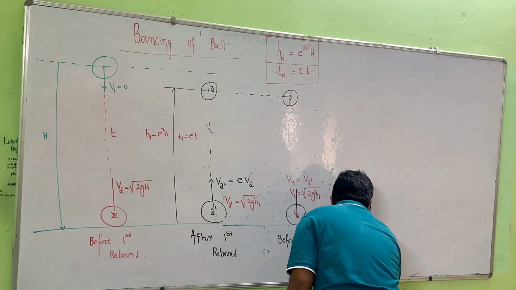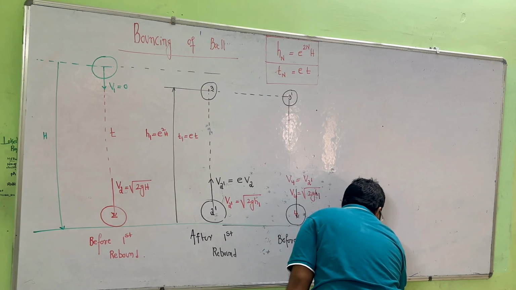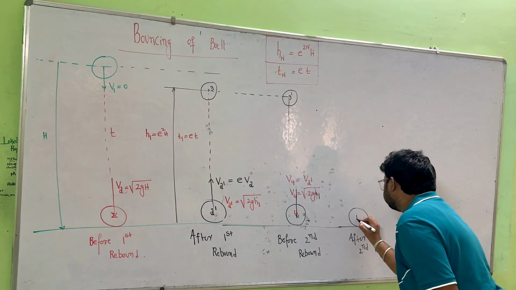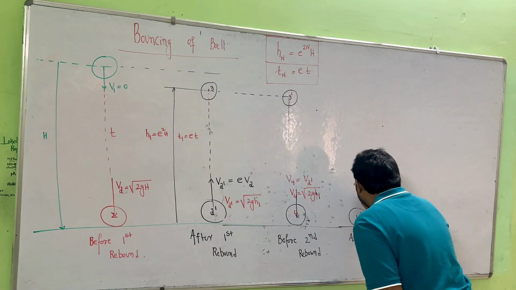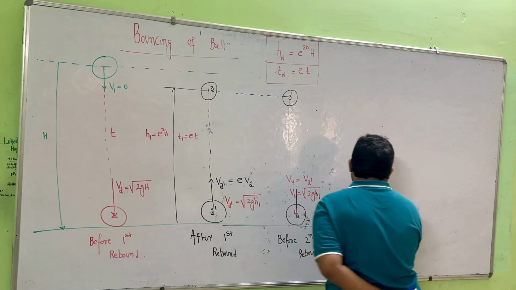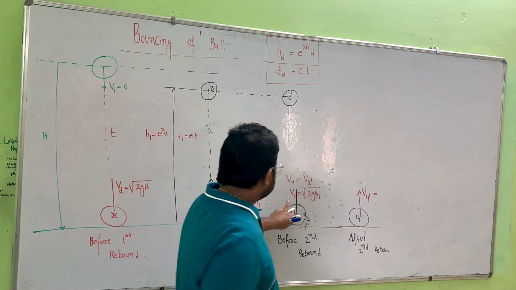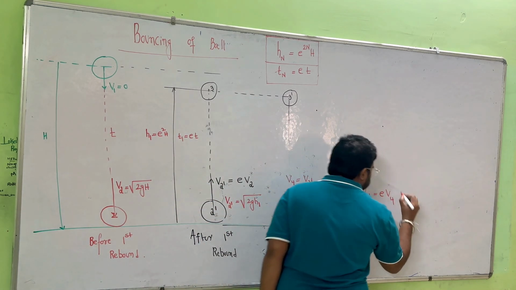This would be V4, after second rebound. This would be 4 dash. V4 dash equal to how much? E times of V4. Correct or not?